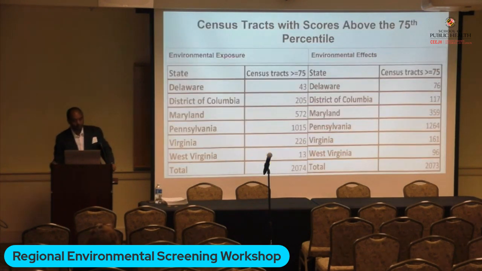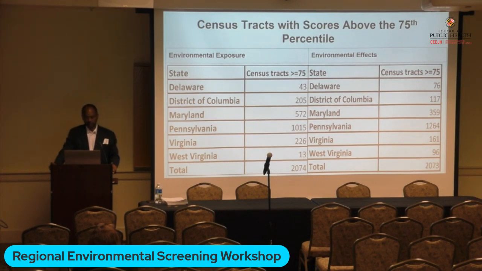I also tried to compare: I have environmental exposure, I have environmental effects. Which state has the highest number of affected census tracts with score greater than 75? As you can see, in Delaware, I have 43 census tracts in exposure and 76 in effects.